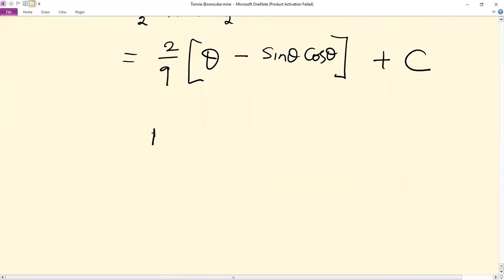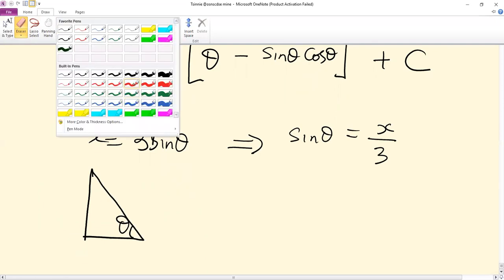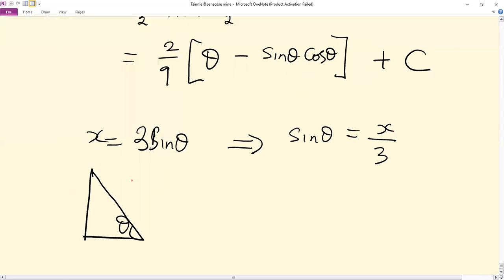Since 3 sine theta is the same as x, which is the same thing as saying sine theta is x over 3, then draw a right angle triangle. And from that right angle triangle, try to get the value of other trigonometric functions in terms of x. So sine is opposite over hypotenuse.